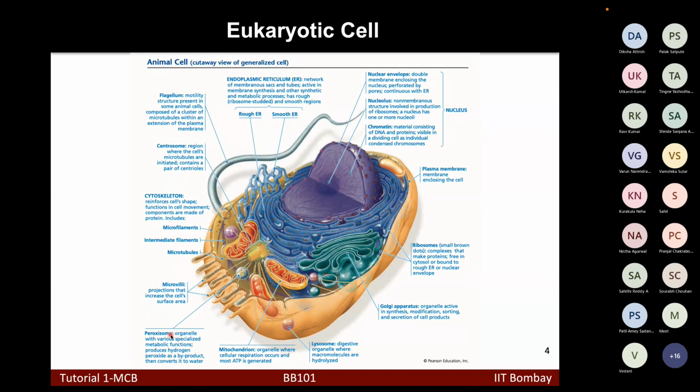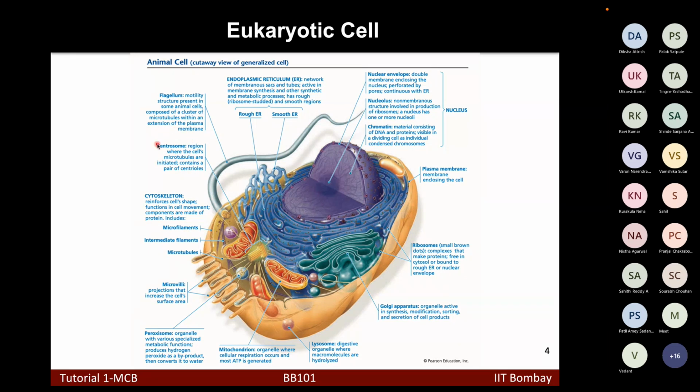It produces hydrogen peroxide, and hydrogen peroxide destroys free radicals. The cytoskeleton is the part inside the cell which is involved in intracellular transfer of different materials, say from the cell surface to the cell interior, and it is made of microfilaments and microtubules.